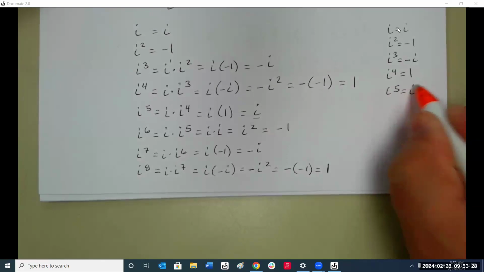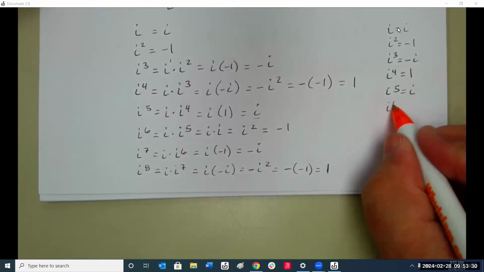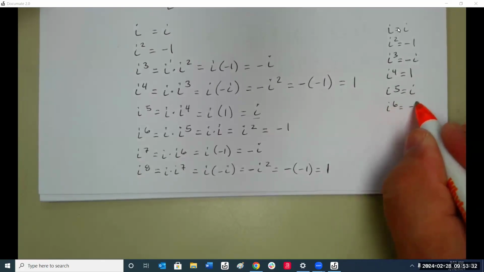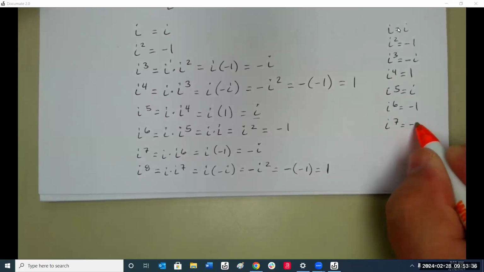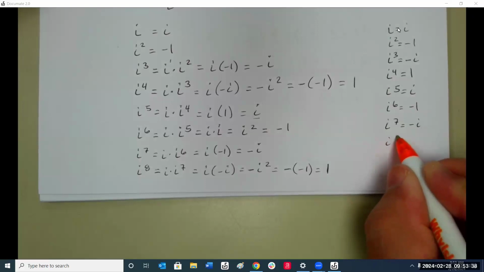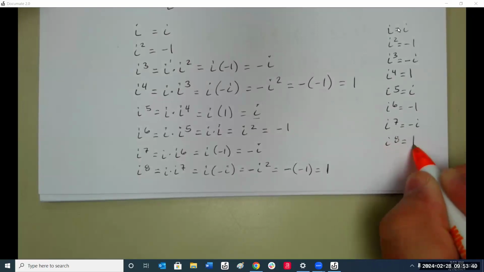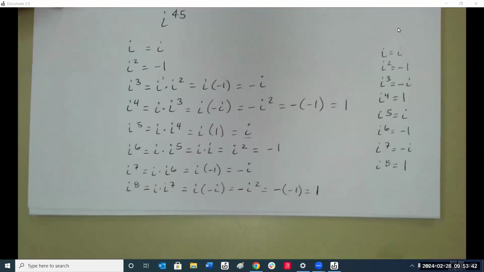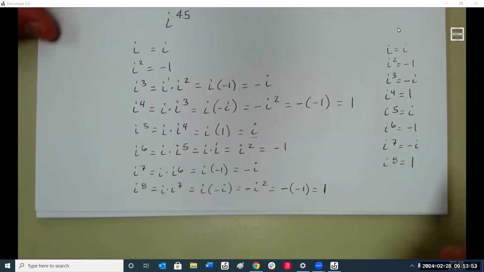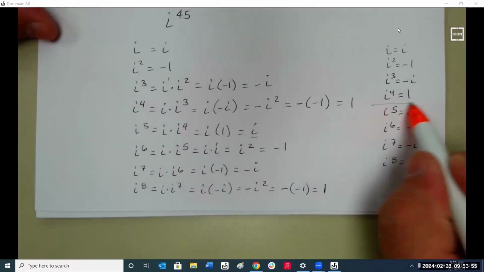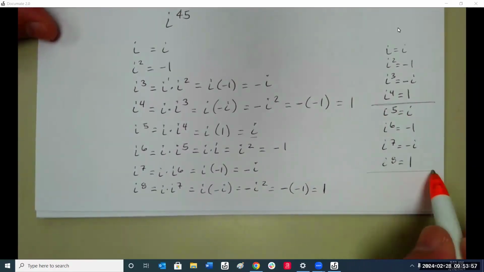I fifth is I. I to the sixth is negative 1. I to the seventh is negative I. And I to the eighth is I. So we see a pattern forming in groups of 4.